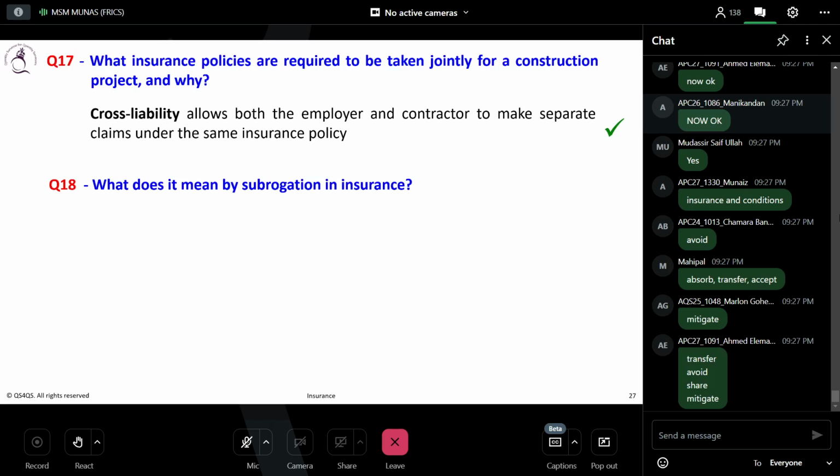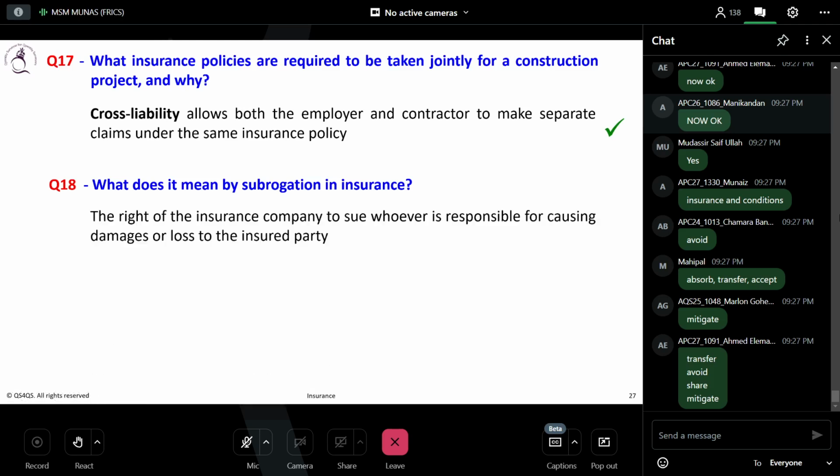Now we discuss subrogation. Sometimes they will ask you this question in the interview. This terminology is simple. Subrogation means, if an injury happens, can anyone explain it if you already have an idea? What do you mean by subrogation? Anyone?